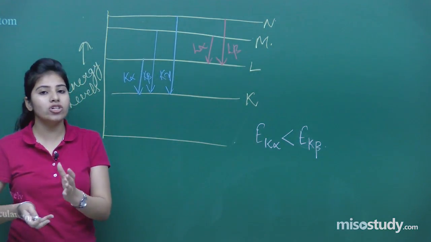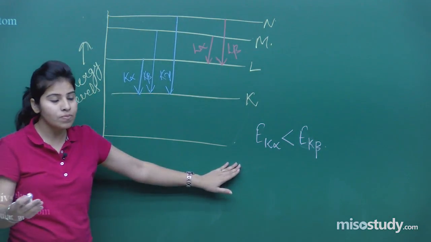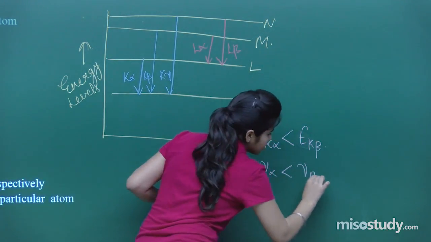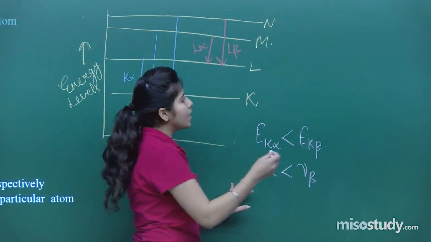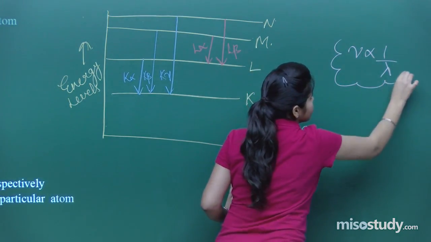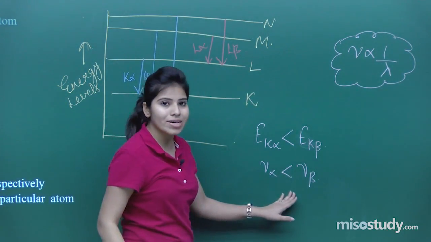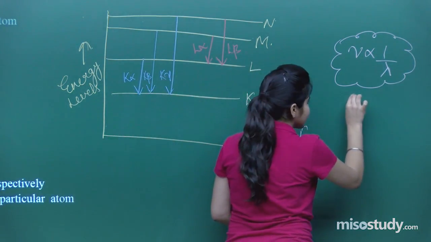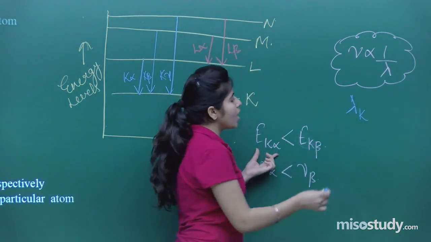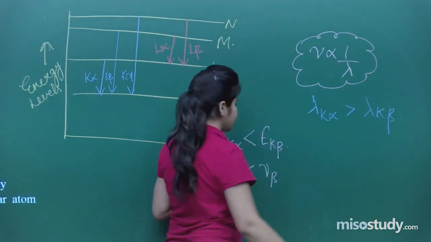Now you know the relation between frequency and wavelength. Energy is nothing but h nu. So nu of K beta is greater than nu of K alpha. The relation between nu and wavelength is inversely proportional, so I can say that the wavelength of K alpha would be greater than the wavelength of K beta.